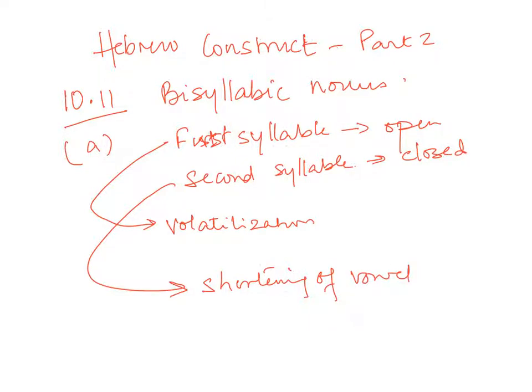Okay, so this is a bisyllabic noun which has the first syllable open and the second syllable closed. In their constructs, what will happen is that there is going to be a volatilizing of the vowel in the first syllable and the shortening of the vowel in the second syllable, which happens to be a closed syllable. Remember, the second syllable is closed and the first is open. So let's see some examples for this.